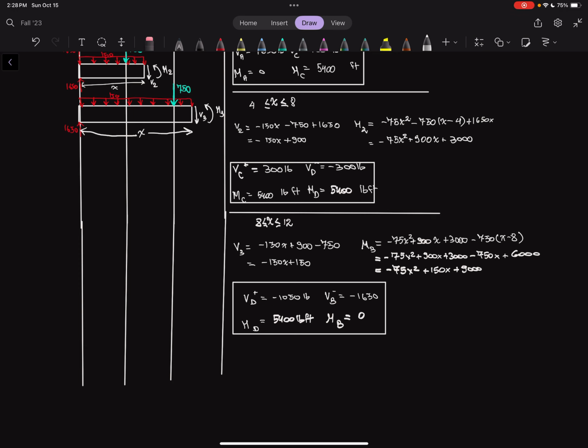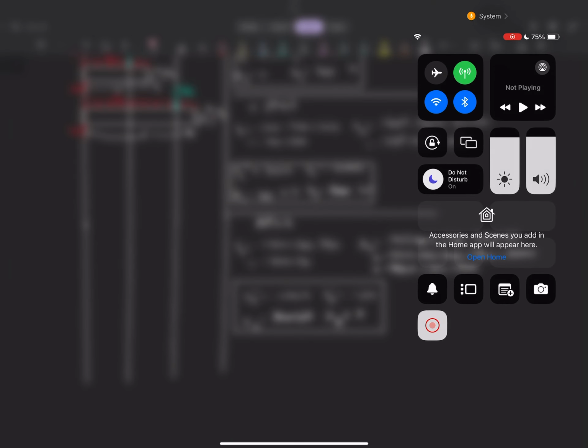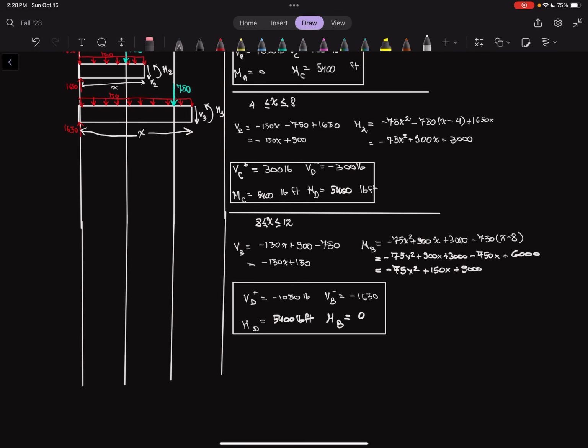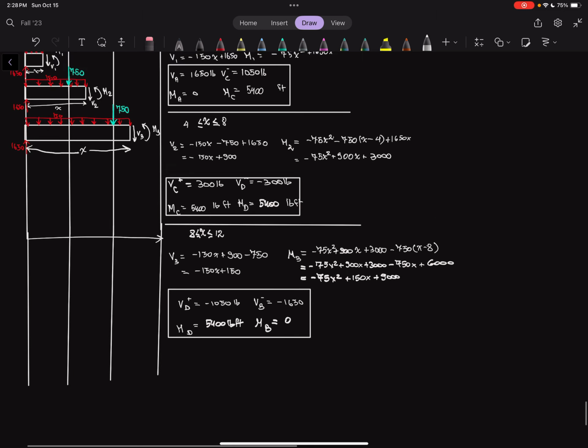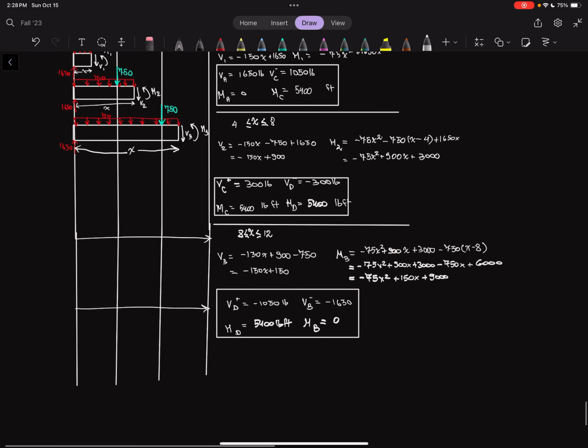Hold on, I need more. All right, so, oh, that's too much. Okay, so now, I'm going to draw the shear and bending moments. So V is going to be in pounds. The moment is going to be in pounds feet.